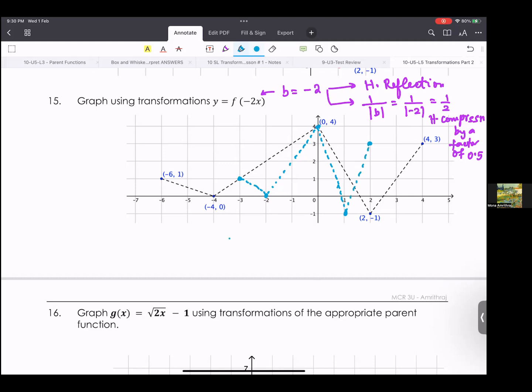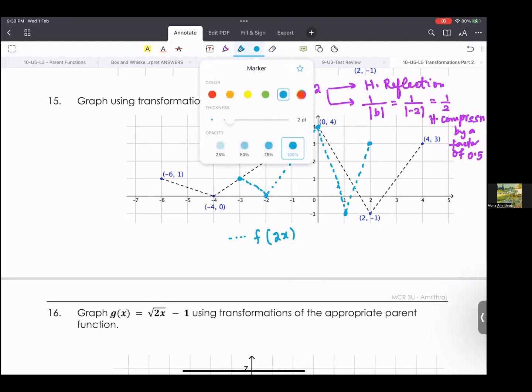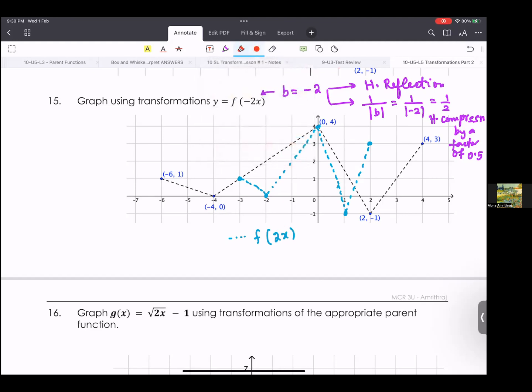So the light blue graph is just going to be f of 2x. Sorry, my mistake. But we need f of -2x, so you're just going to reflect it.